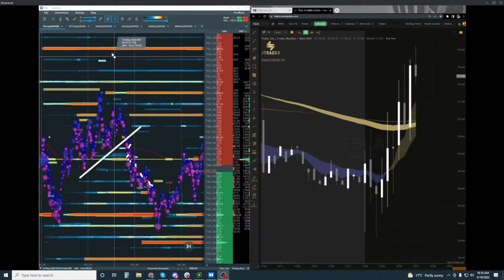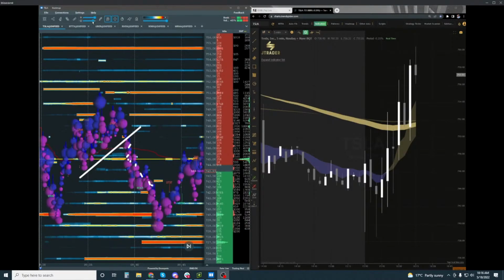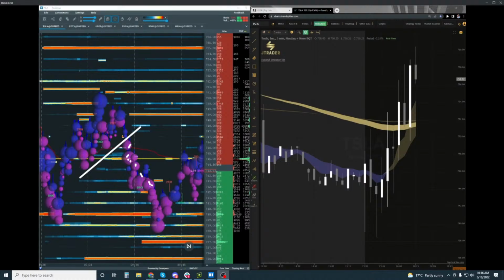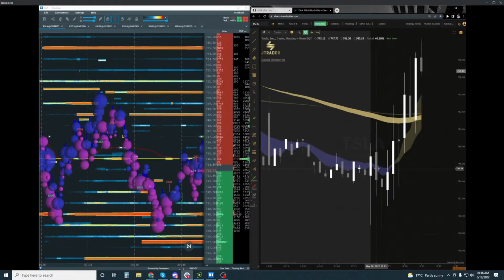We can make this a little bit bigger. All right, so just look over here. Where are the longs? Where are the longs? And when I started seeing this bar dumping below 745, 744, I added a little bit over here at 742, which is this level.